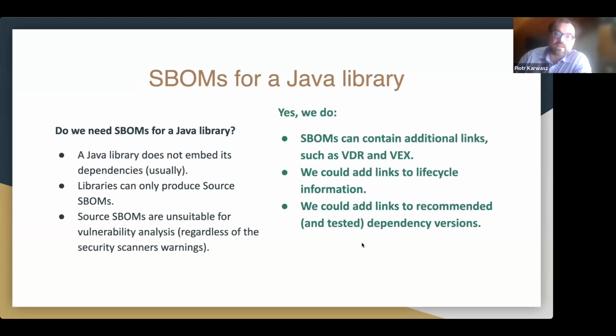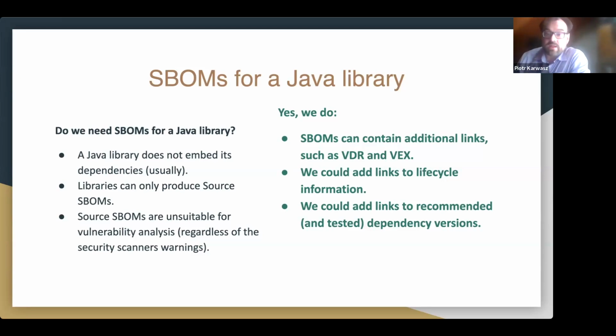Now regarding what an SBOM means for a Java library developer, libraries are easy to manage regarding dependencies because we don't actually embed those dependencies in our releases. So whenever we have a vulnerability, we are not affected by it, so we don't have to do anything.